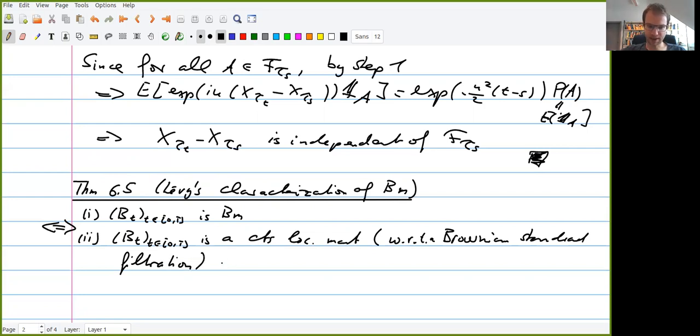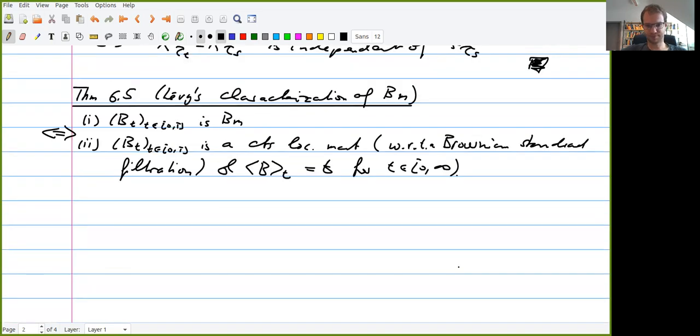And I want that if I look at the quadratic variation of this local martingale B, it is equal to t for all t in 0 to T. Okay, right? So the Brownian motion is just a special local martingale, namely the martingale which has the quadratic variation equal to t. And this is an equivalent characterization of all these properties. If you have a local martingale which has a quadratic variation equal to t, this has to have independent increments and it has to be normally distributed.